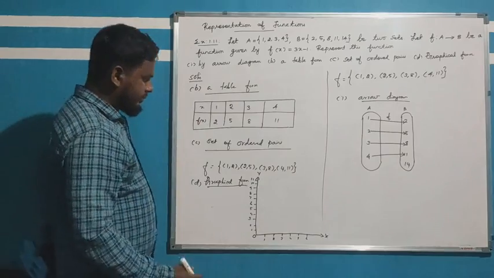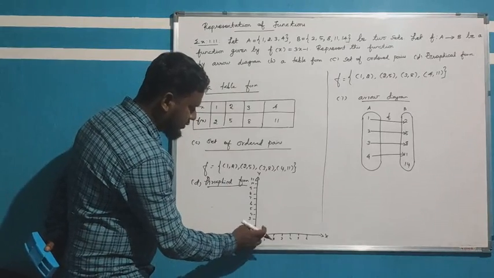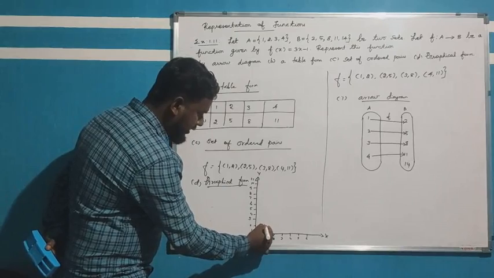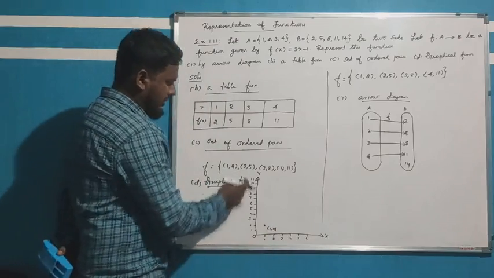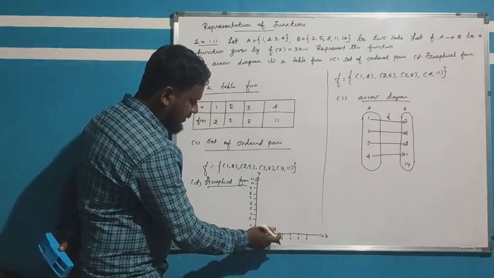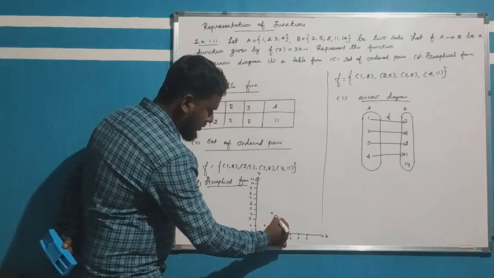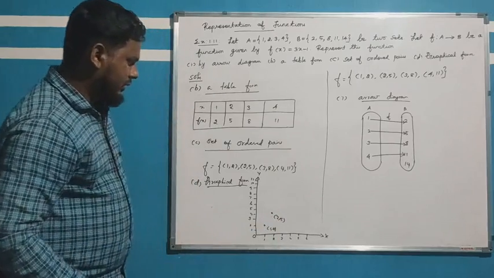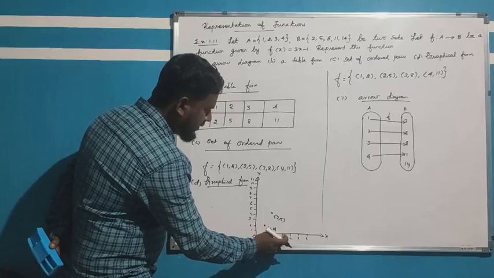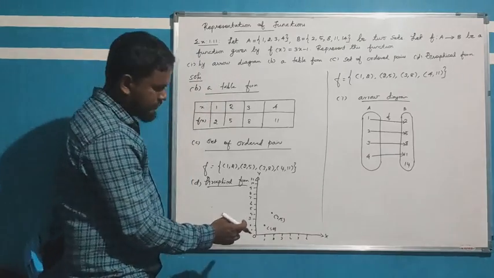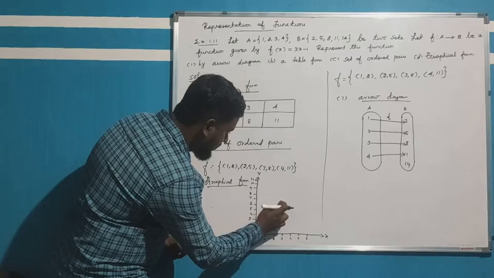Okay, so then 1 comma 2: x-axis 1, y-axis 2. So here we consider only points in f. 1 comma 2. Then 2 comma 5: x-axis 2, y-axis 5, so it will come here. Then 3 comma 8: x-axis 3, y-axis 8.